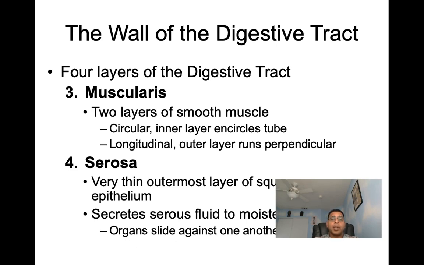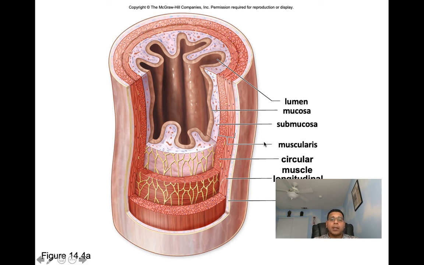So here we can appreciate right inside of here, starting with the outermost layer, we've got the serosal layer. And then moving in, we've got the muscular layer, the 2 layers of smooth muscle. You can see you've got the longitudinal layer first, and then we've got the circular layer, running the circumference of the lumen.